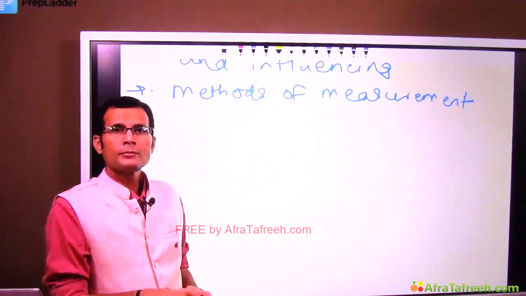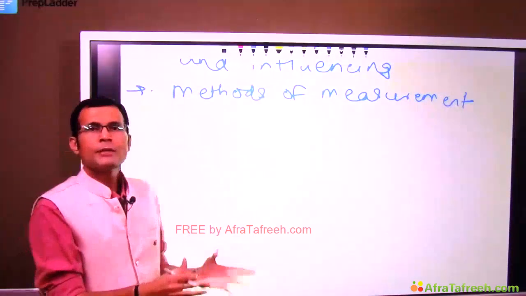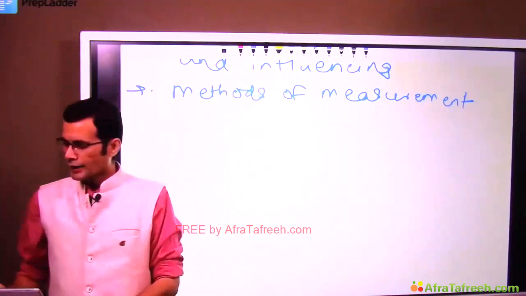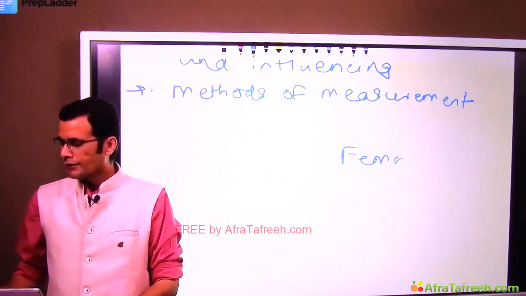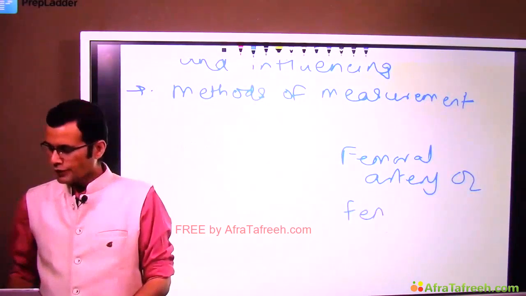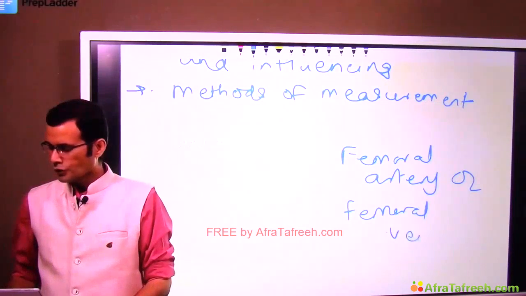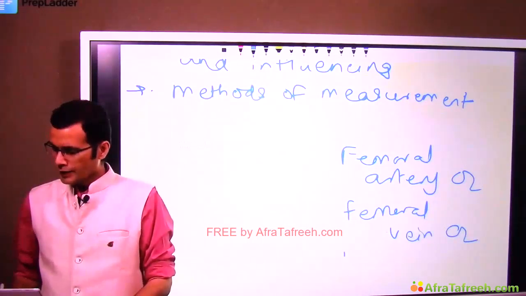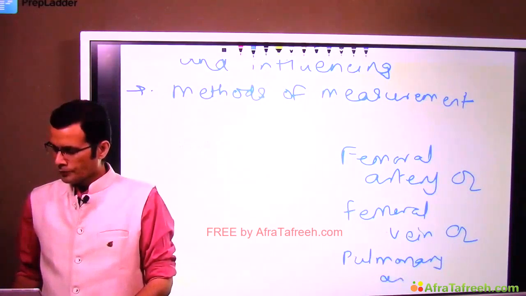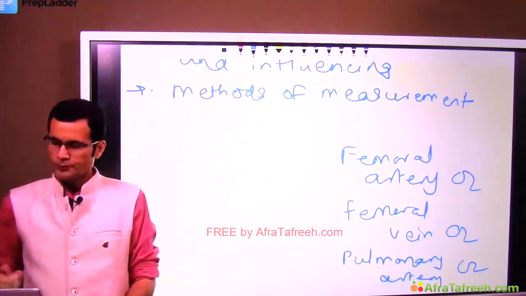For instance, the Fick method for measurement of cardiac output, and they can give us femoral artery oxygen concentration, femoral venous oxygen concentration, and pulmonary artery oxygen concentration.